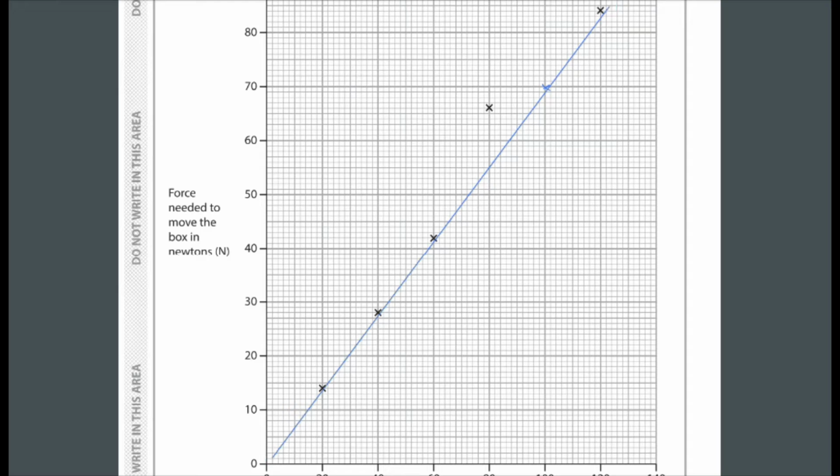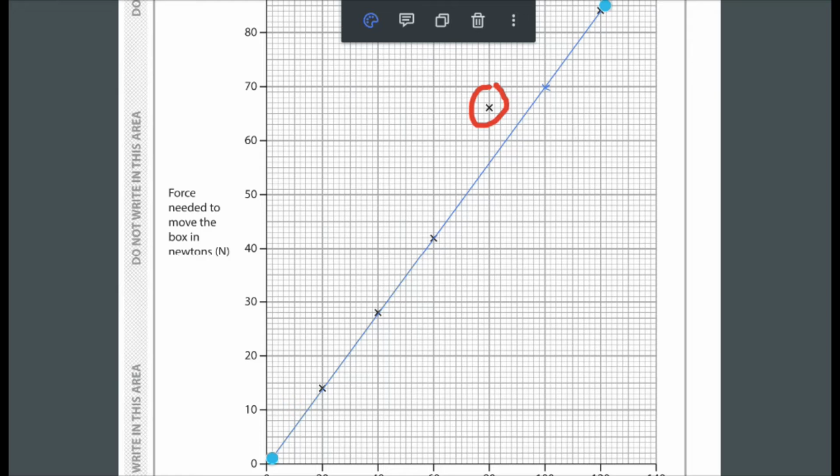So we'll mark the anomalous point. It has to be this one. And we will put this line, and you can see it's properly going through all the points nicely. You can draw it to the 0, 0 point as well.